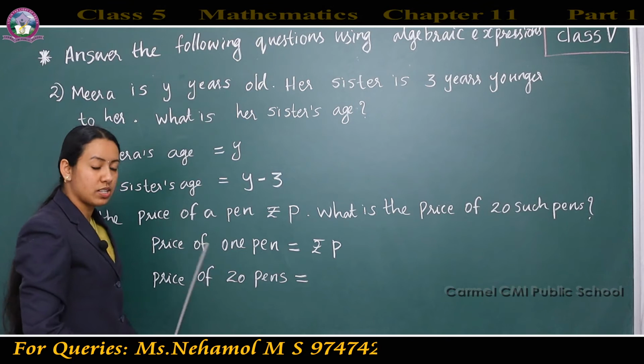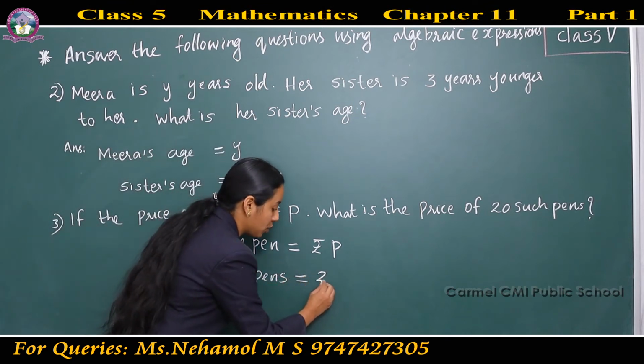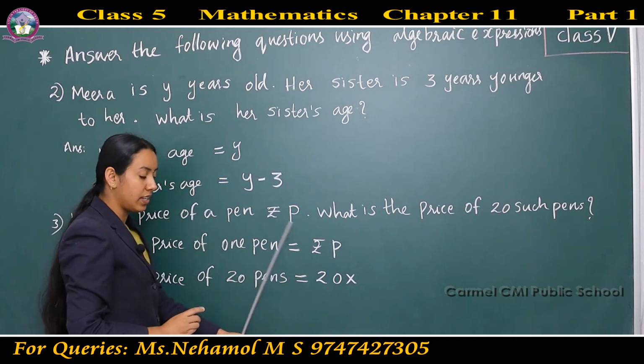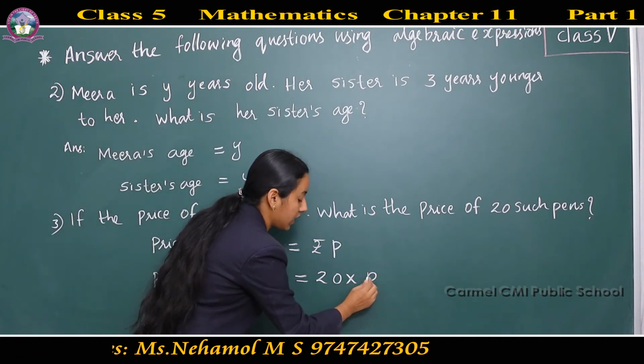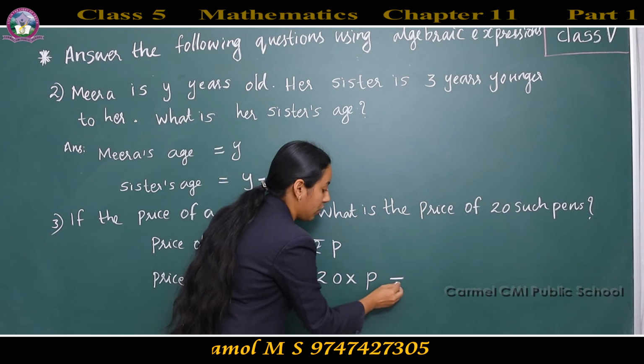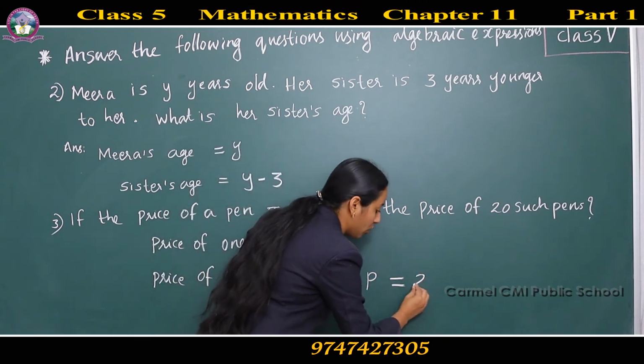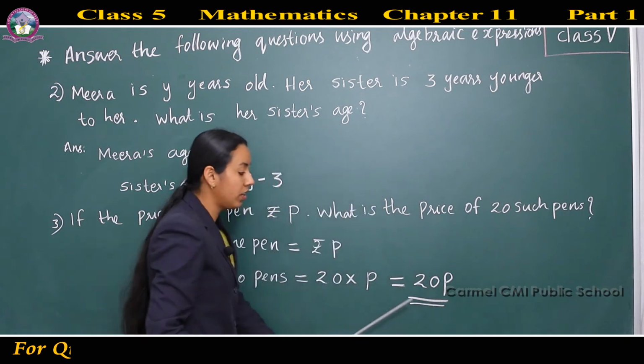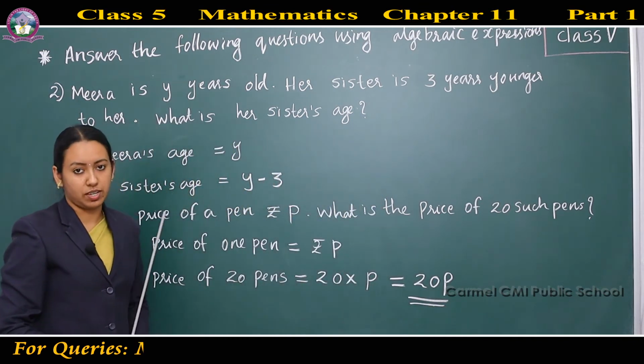Price of 20 such pens is equal to 20 into the price of one pen, that is P. 20 into P, that can be written as 20P. This is the corresponding algebraic expression.